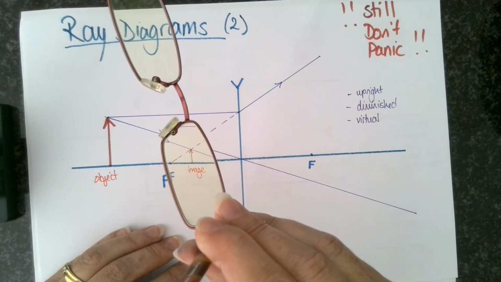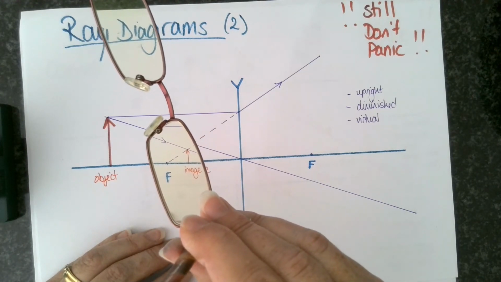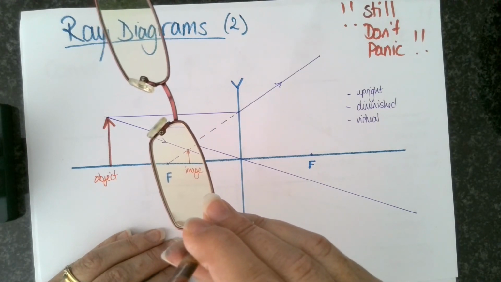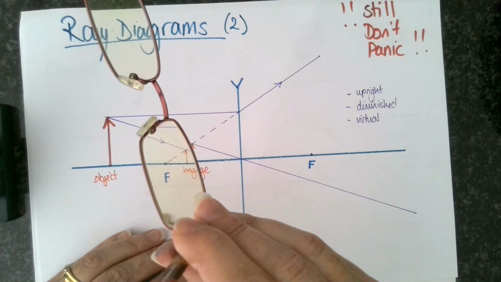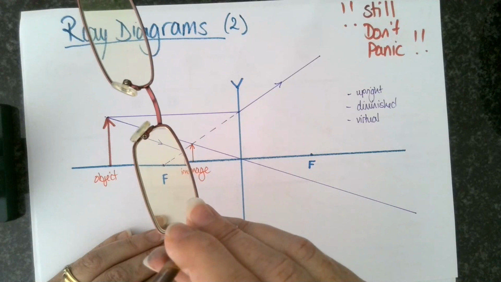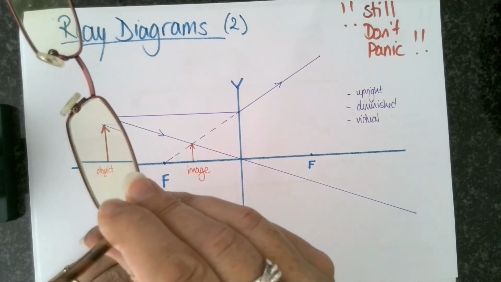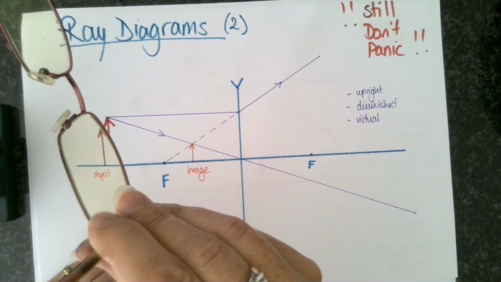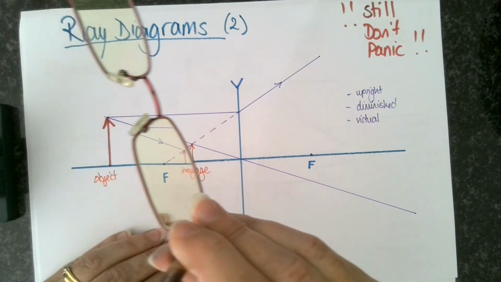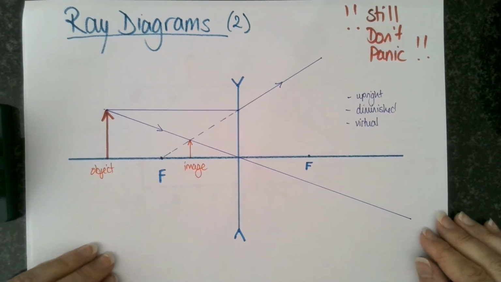You can also, though, can you see the diffraction going on of the light rays coming through that lens? So it looks like that line that I've drawn is completely bent. In fact, if I put it there, you can see, just about, two of the arrows. Can I do it here maybe? There you go, two arrows. Okay, so that's a diverging lens. The image is smaller and it is upright and it is virtual.